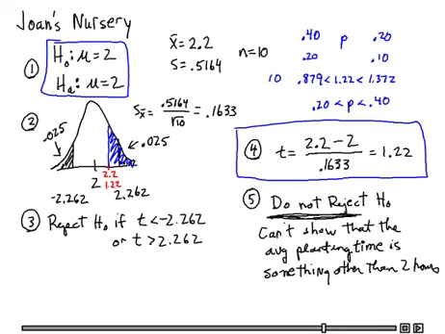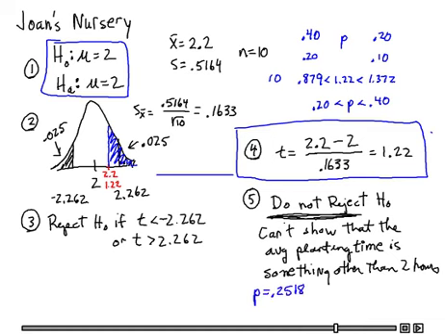Now, that would give me a rough estimate of where my p-value is. It's something between 20 and 40%. If I use Excel to calculate the actual p-value, I'm going to get something closer to 0.2518, and that's going to be more accurate.